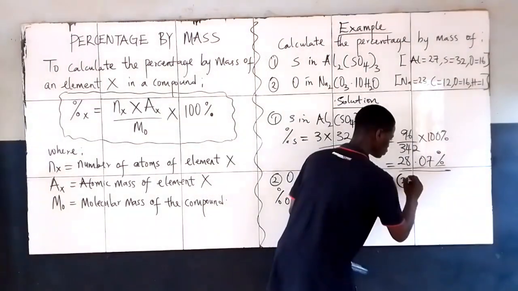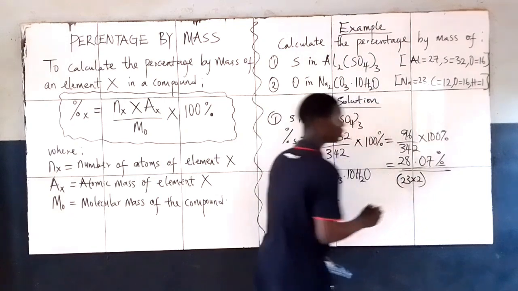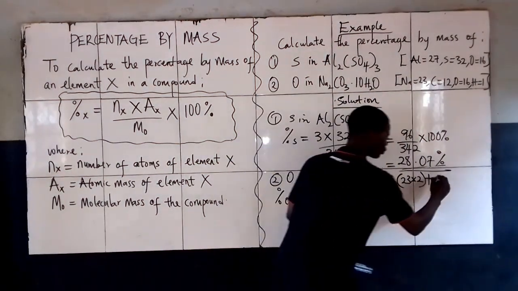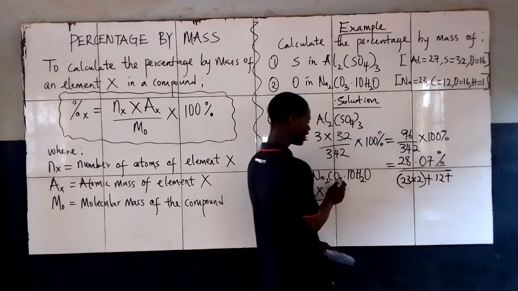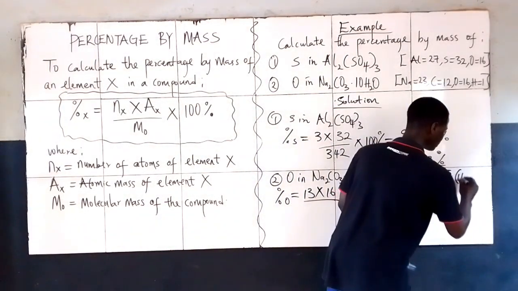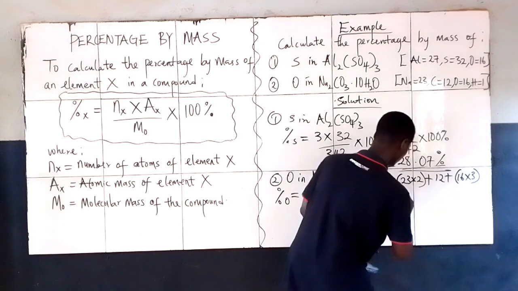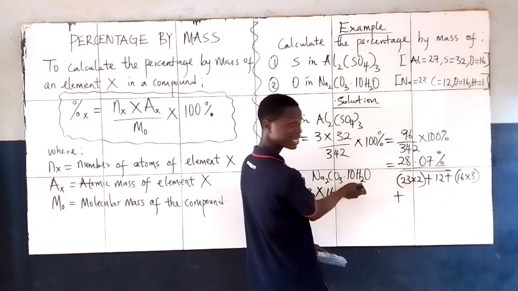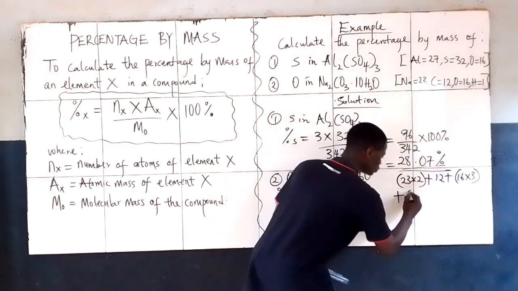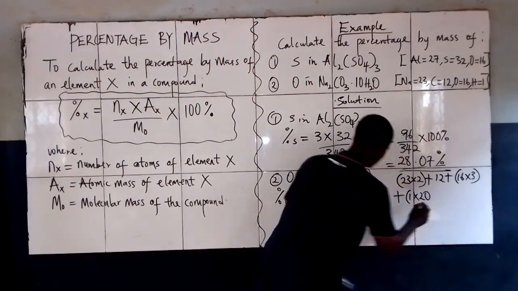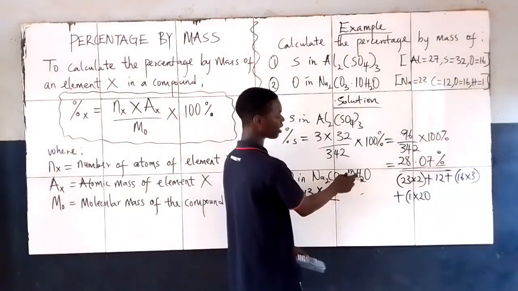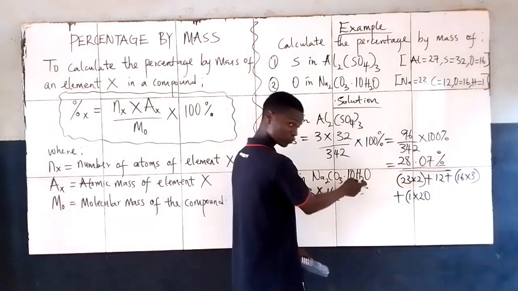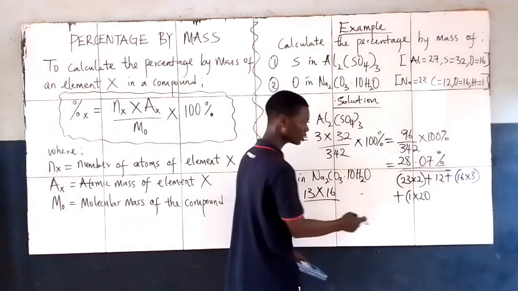Na2, that's 2 at 23, so 23 times 2, because sodium is 23, plus 1 atom of carbon, so I will say plus 12, plus 3 atoms of oxygen, so I will say 16 times 3, added to 10 times 2 atoms of hydrogen, that is 20 atoms of hydrogen, 1 times 20, because the subscript 2 is coming after hydrogen, so it means there are 2 atoms of hydrogen, times the 10 in front, which is also affecting the hydrogen, will be 20.